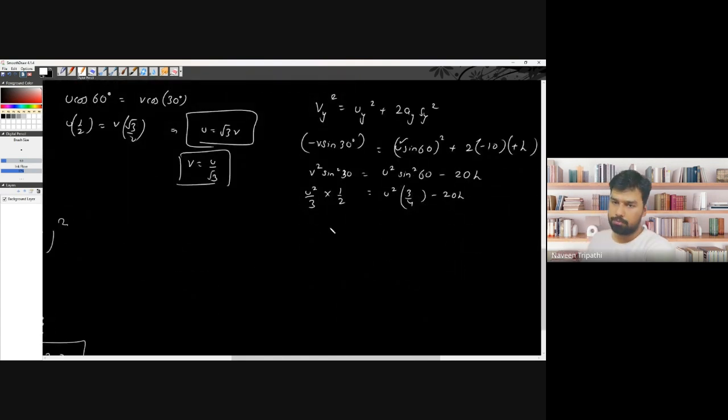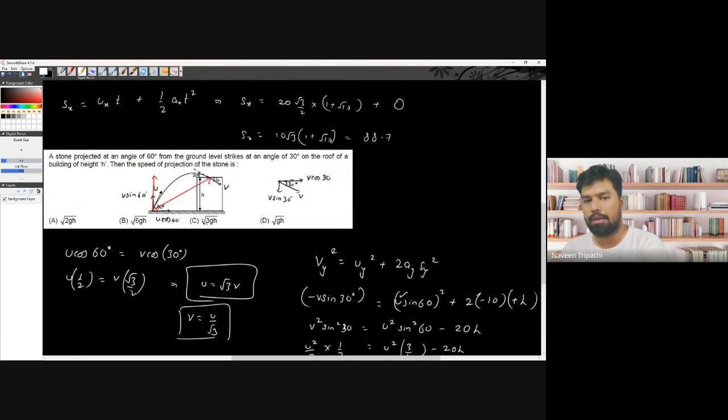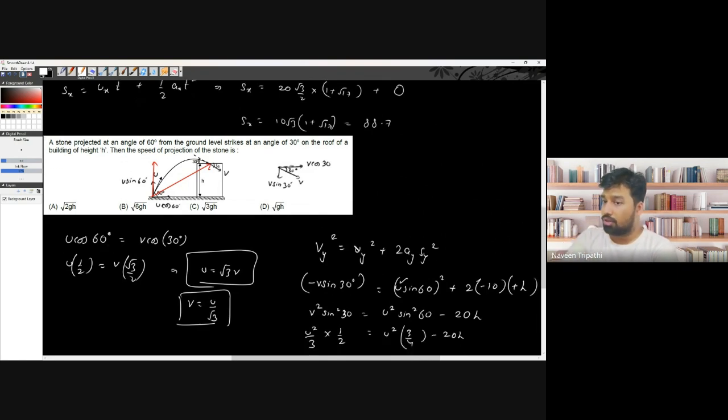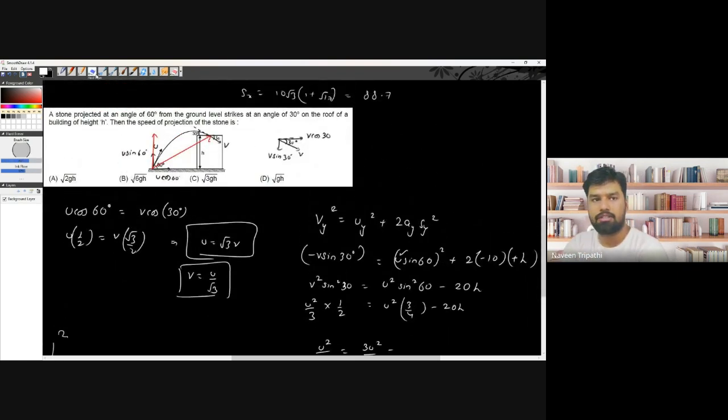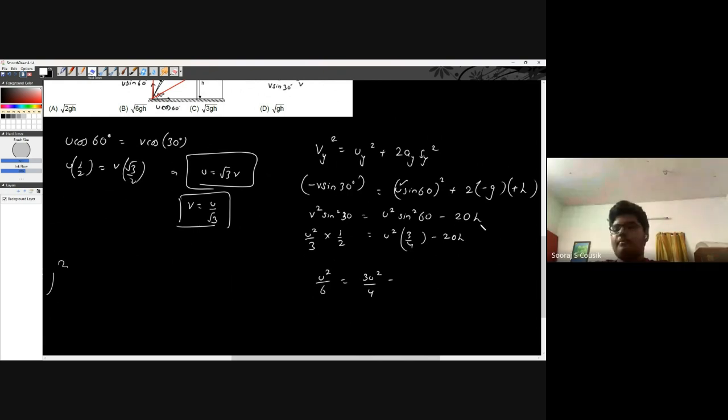Right, so this becomes u square by 6 is equal to 3u square by 4 minus, I'll not write 20h, I'll write 2gh. You know why? Because the answer, look at the options, is in the form of g. They have not substituted g, which is why I'll write simply g here. I'll not write minus 10, I'll write minus g. Yeah.